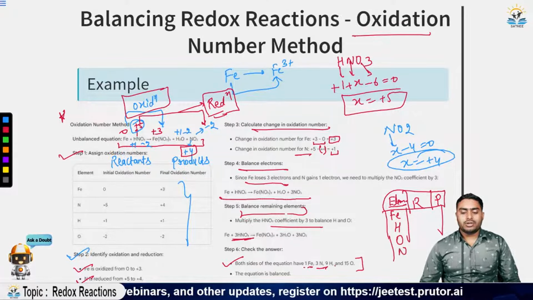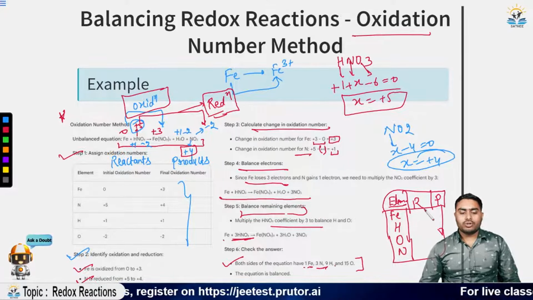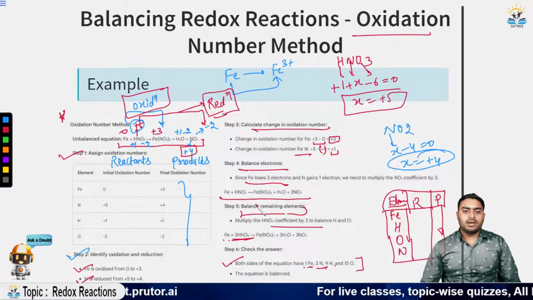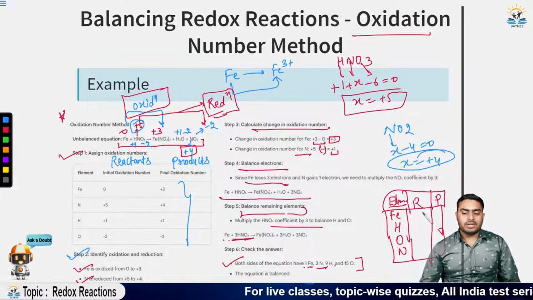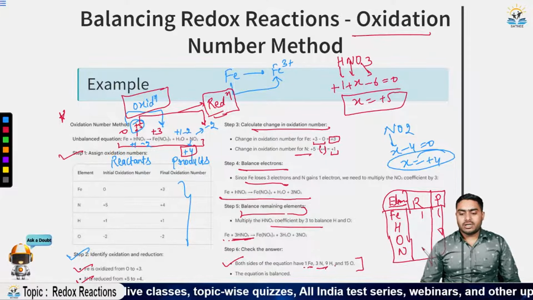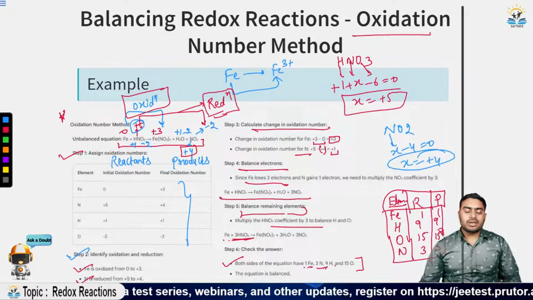You can count how many iron, Fe, on both sides: 1. How many nitrogen? Both sides 3. How many hydrogen? Both sides 9. How many oxygen? Both sides 15. So you can count like this.